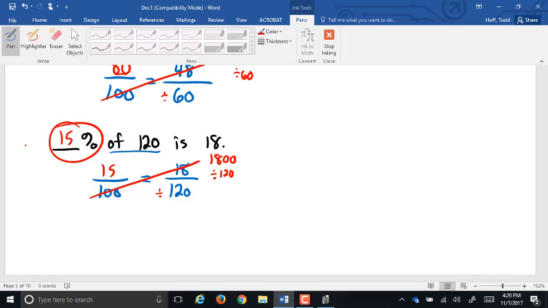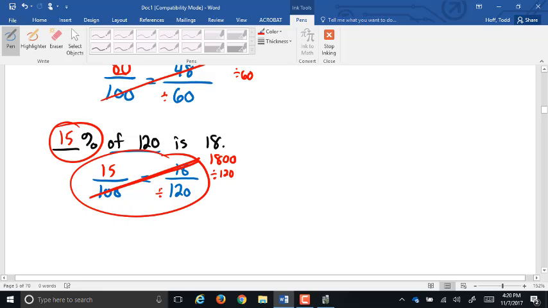You'll notice in all of these calculations, it ended up being the same process. Even though we might have been missing different pieces, once we got them in this proportion, it was always cross multiply and divide. There is another method that many of you might be familiar with.